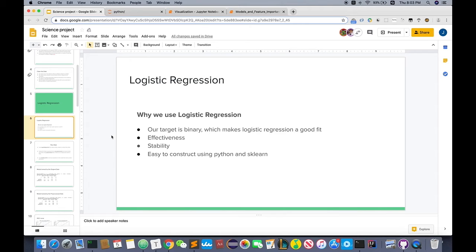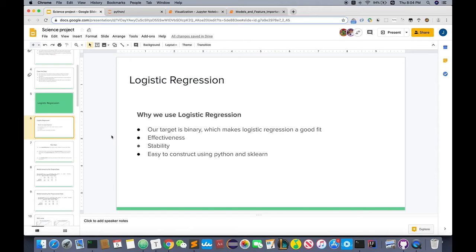First, since our target is binary, which means the target only has two values, 0 and 1, it makes logistic regression a good fit, since logistic regression is suitable for prediction of a binary target.